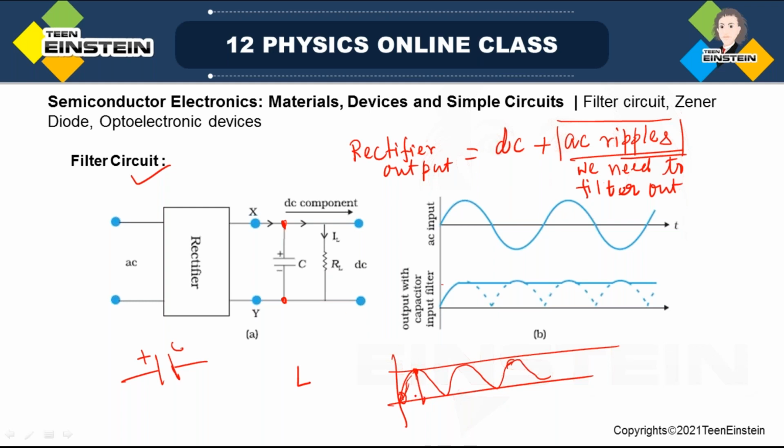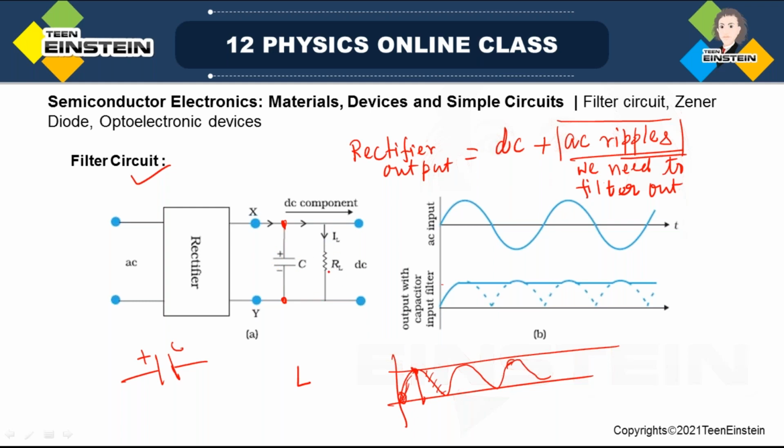And in the next half cycle, look, in the first half cycle it goes up to the peak value, it is getting stored. In the next half cycle, see the voltage is decreasing. That means this capacitor will discharge through this RL.